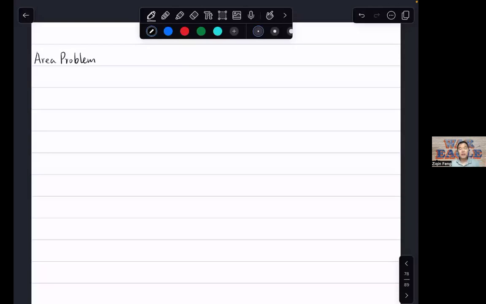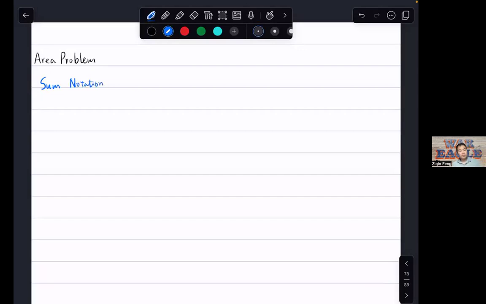Okay, before we do that, let's introduce a sum notation, which is sigma notation. Because we use this notation a lot in the definition of integrals and also during the process of solving the area problem. Sum notation.